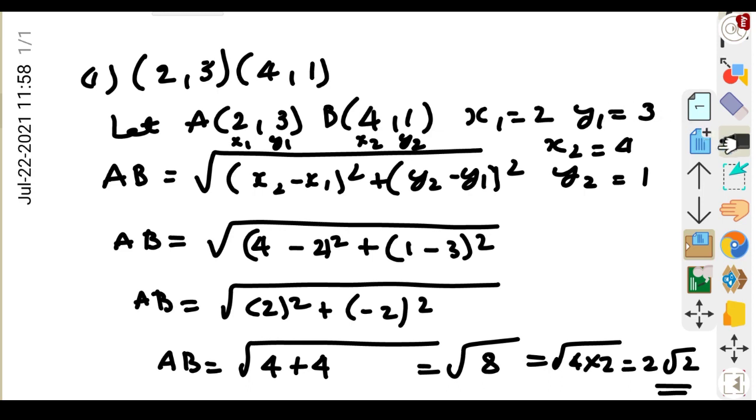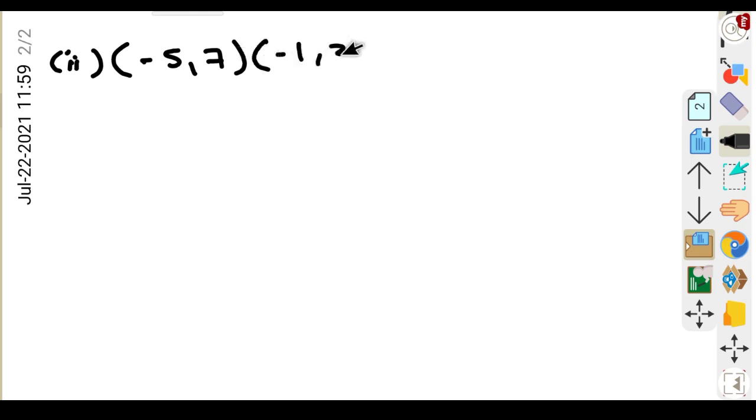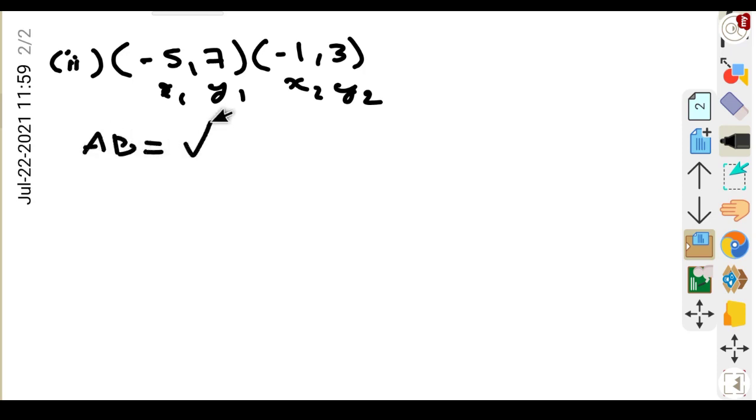Okay children, next I will take the second problem. The coordinate points they have given are minus 5 comma 7 and minus 1 comma 3. Call these x1, y1 and x2, y2. Now I'll apply the formula and solve it, because you have already learned it.